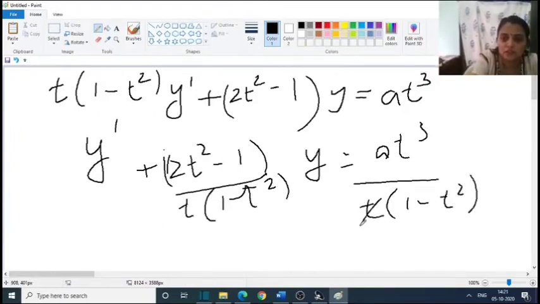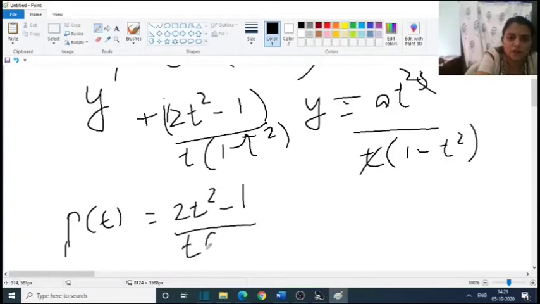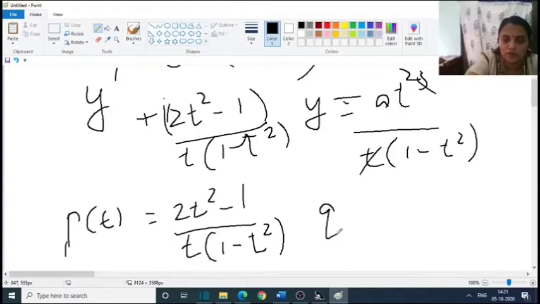So this cancels, so this is t square. So p of t is equal to 2t square minus 1 by t into 1 minus t square. Q of t is equal to 8t square by 1 minus t square.